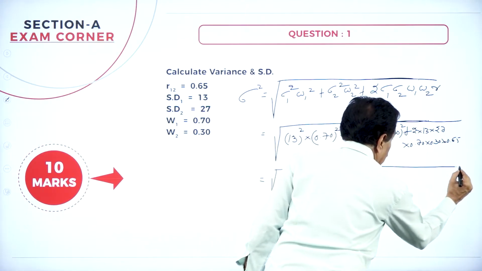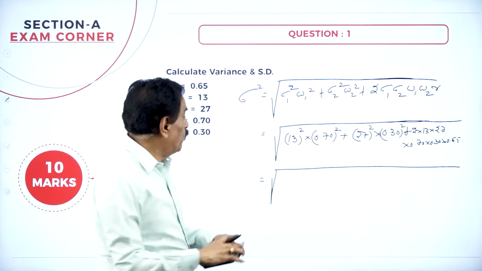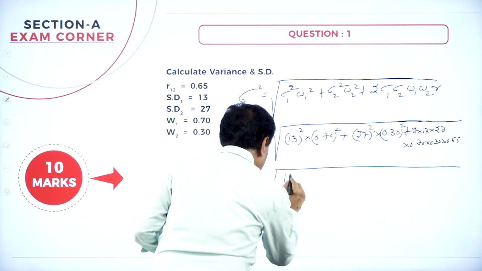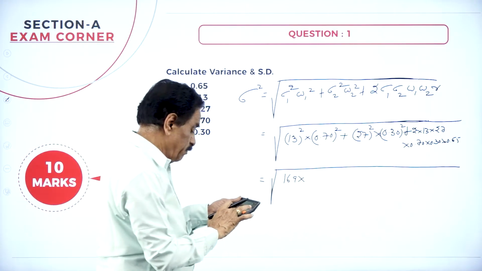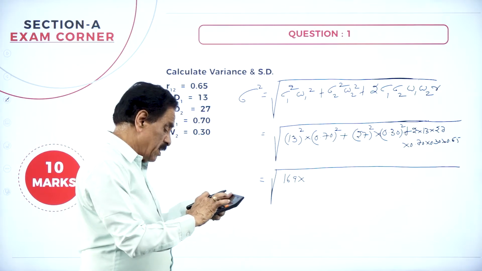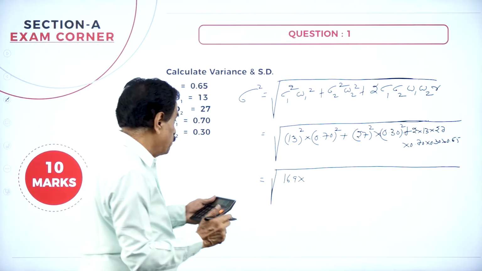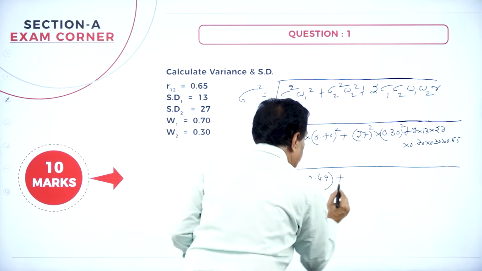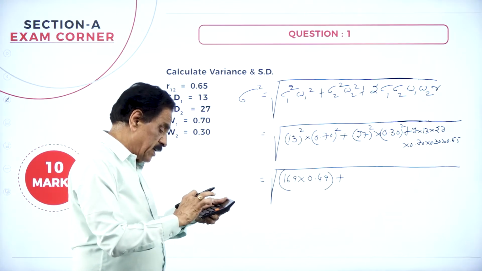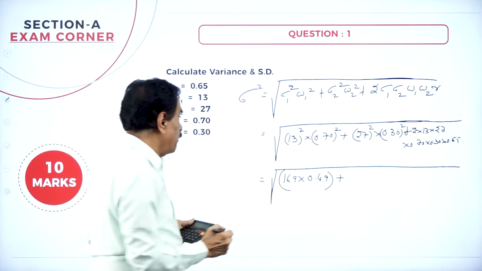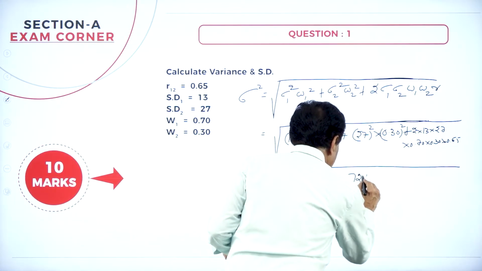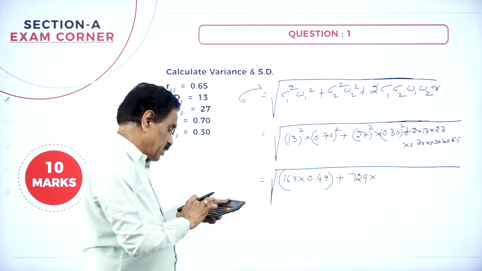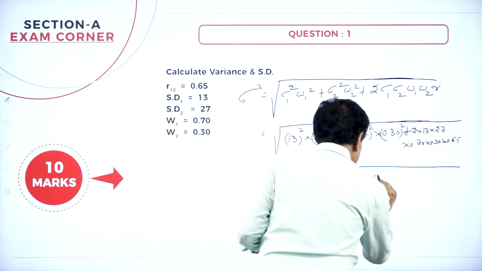So we'll go one by one. 13 square, 13 into 13, 169, into 0.70 into 0.70, 0.49. Plus 27 square, 729, into 0.30 into 0.30, 0.09.